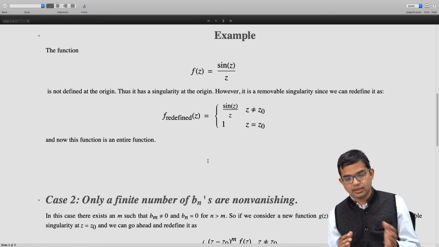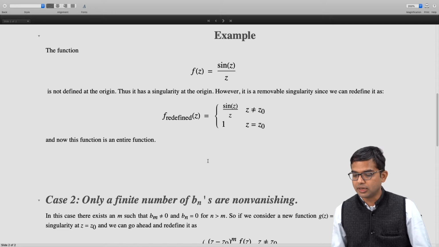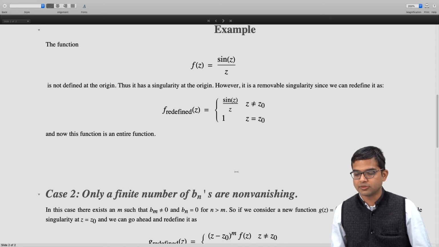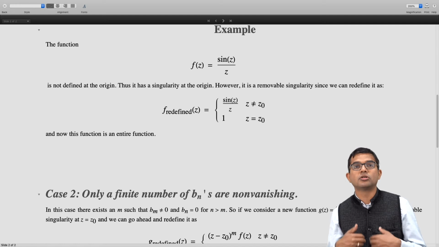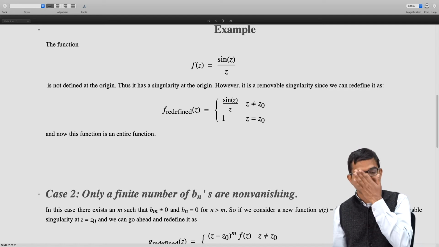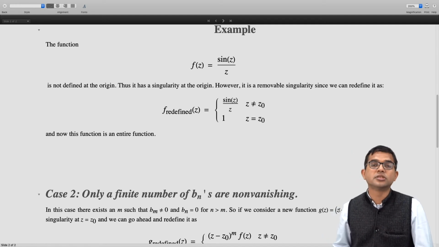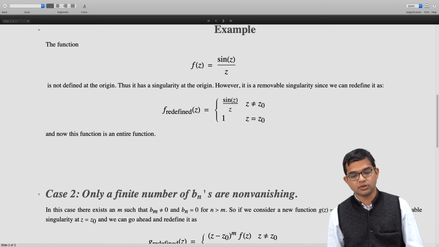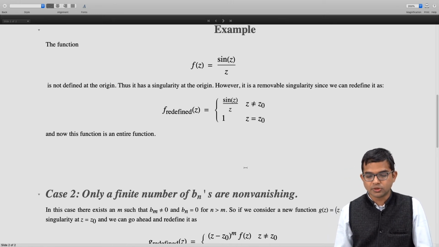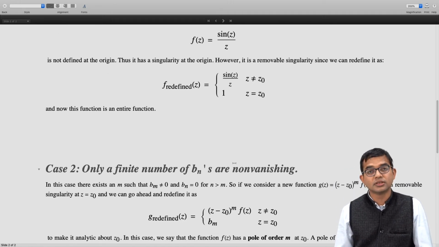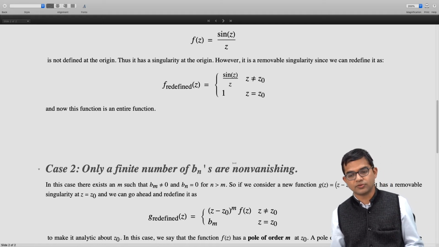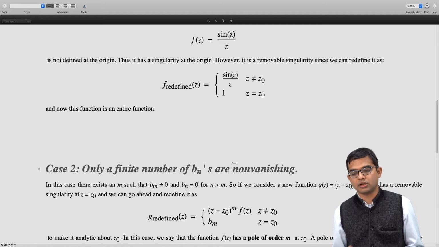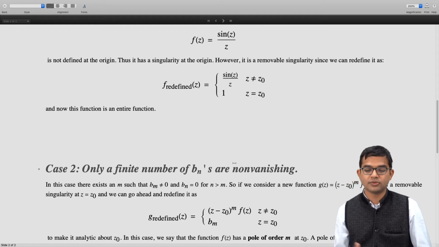Then you can simply multiply such a function by the power z minus z naught to the power m, and you're guaranteed that this new function g of z is going to have a removable singularity at the point z equal to z naught. Then it becomes possible to redefine this function g as z minus z naught to the power m times f of z if z is not equal to z naught, and it is equal to bm if z equals z naught.